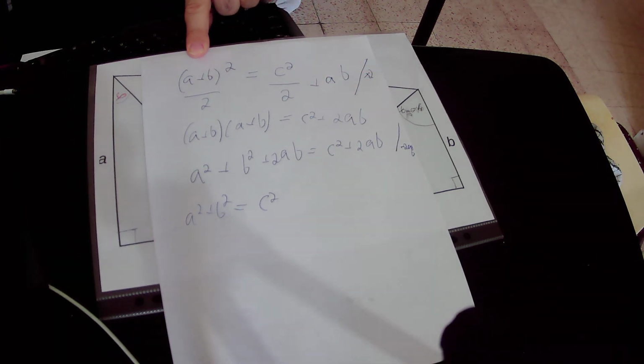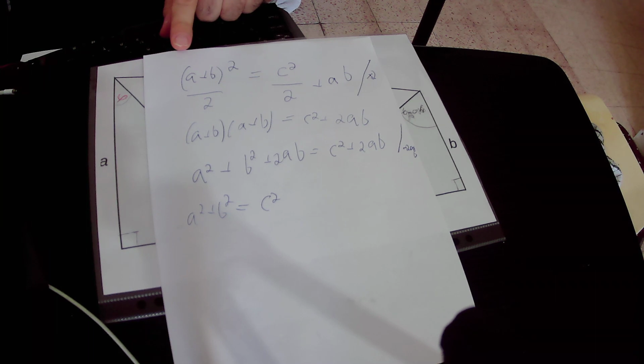We can say that the area of the trapeze, when we calculated it the first way, was A plus B squared divided by 2. It equals the area of the trapeze when we calculate it in the second way, that is the sum of the three triangles that the trapeze is composed of, which gives C squared divided by 2 plus AB.